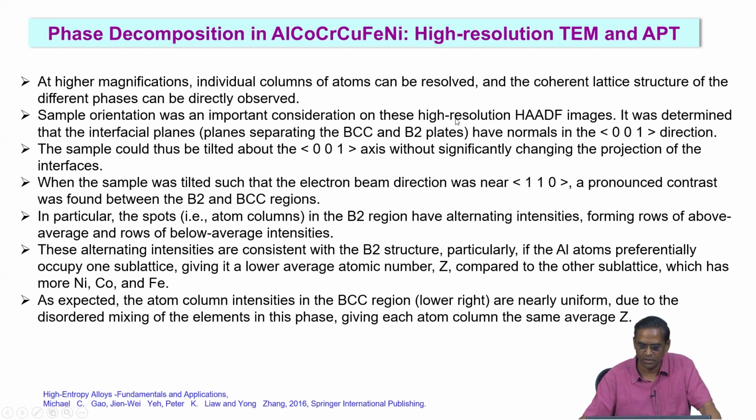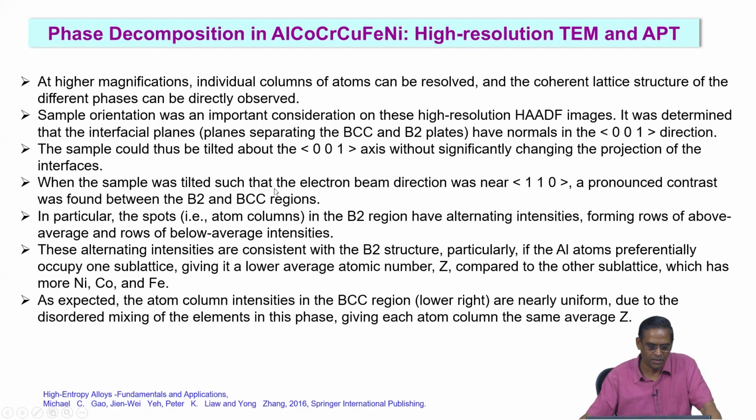We can produce this. And with these techniques, it was determined that the interfacial planes, the planes separating the BCC and B2 plates, have normals in the 0, 0, 1 direction. So, the samples could then be tilted about the 0, 0, 1 axis without significantly changing the projection of the interfaces.